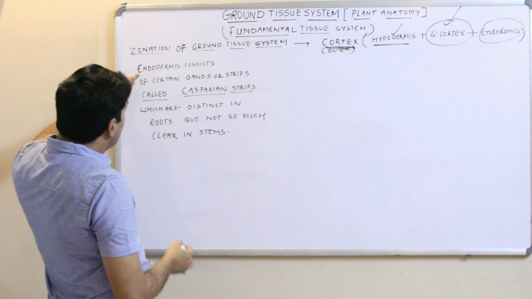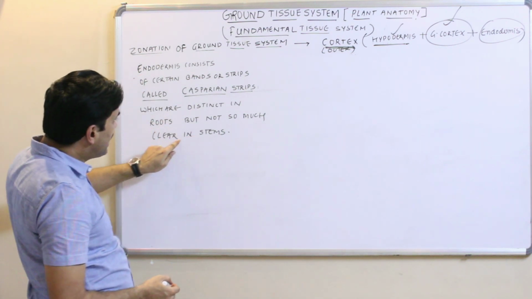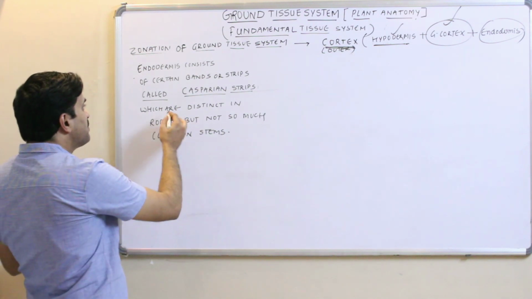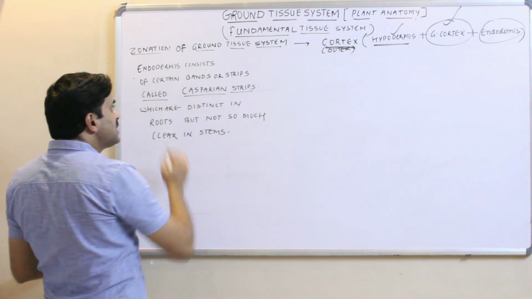As I have said, they are not clear in stems but they are clear in the case of the roots.